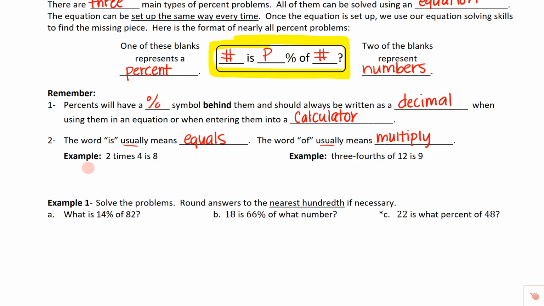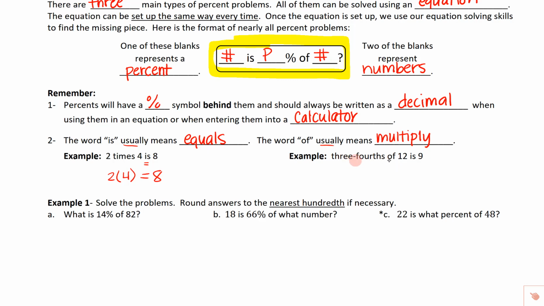So some examples. 2 times 4 is 8. I see the word is, so I'm thinking equals. So 2 times 4 equals 8. I know that's true with using a multiplication fact. Another example, 3/4 of 12 is 9.